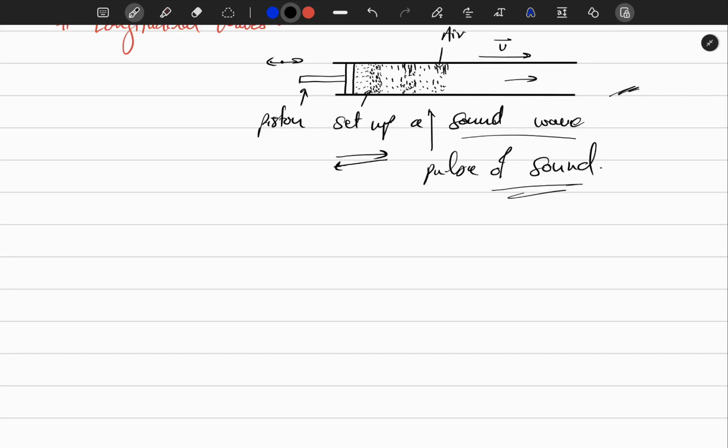So what will happen in doing so? The rightward motion of the piston moves the elements of the air that are next to it rightward, changing the air pressure there, and the increased air pressure then pushes rightward on the elements of the air somewhat farther along the pipe.